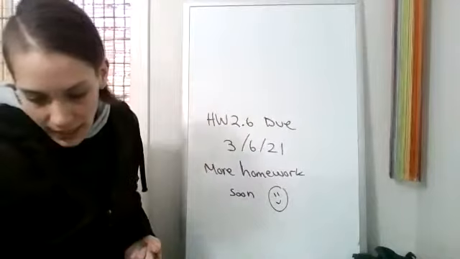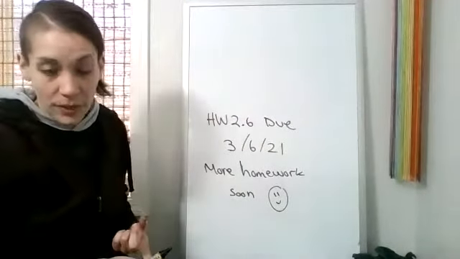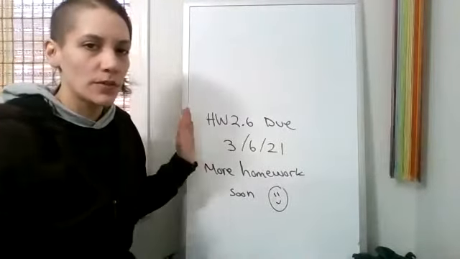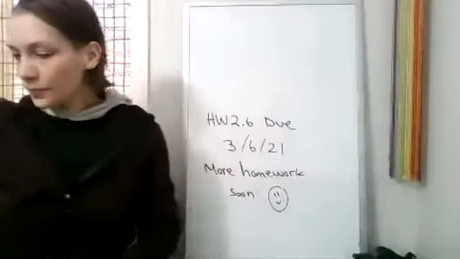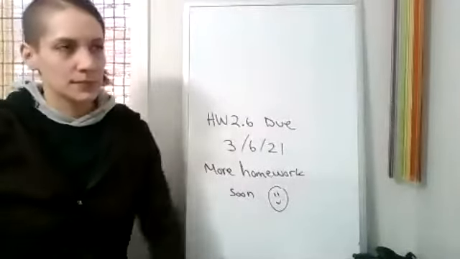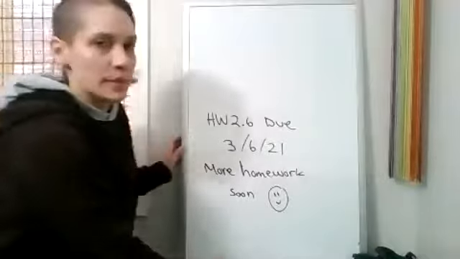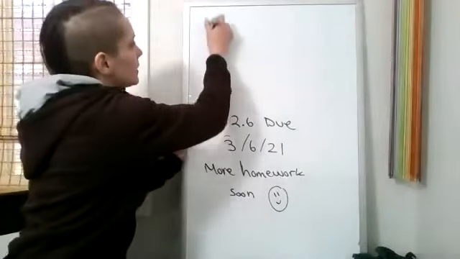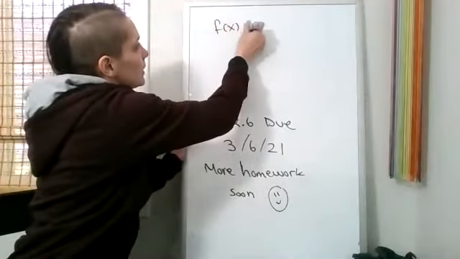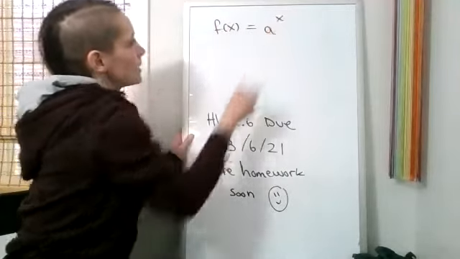Let's see. I have the last part of 3.1 and actually want to go over a few things that we did last time. So I can sort of remember. We had a function f of x equal to a to the x.